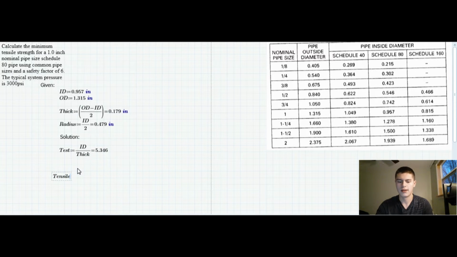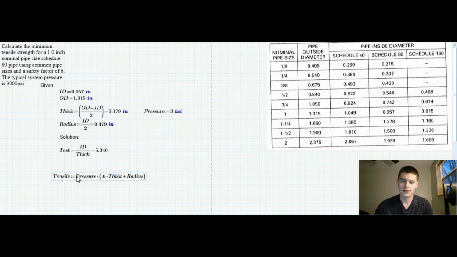So basically I can just write this in MathCAD. Really easy to use. Tensile strength, that's going to be equal to, oh, I forgot to write the pressure in here. Pressure, it's going to be 3 ksi. So, tensile strength is going to equal pressure, multiplied by our denominator, which is 0.6, multiplied by the thickness, plus our radius.